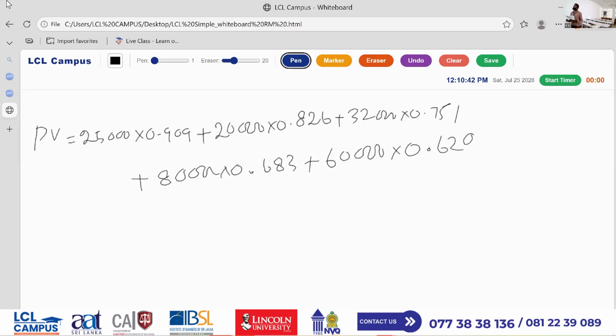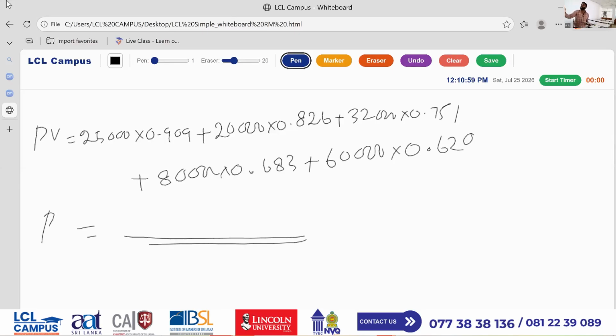Third decimal is enough; actually, rounding off means 0.621 maybe. Right. Then you want to multiply and take the total of these. That is only what? Total present value. From that, this is total PV.